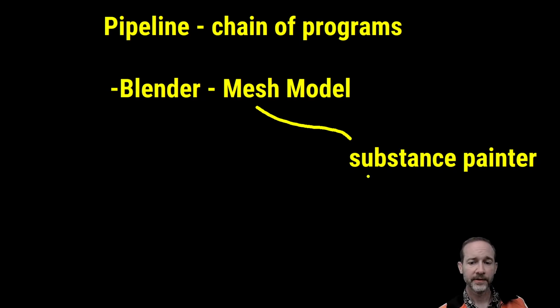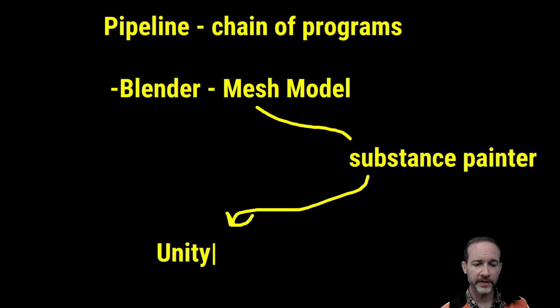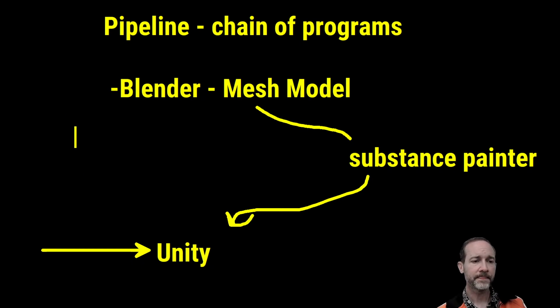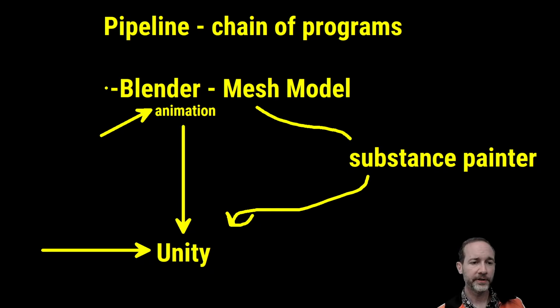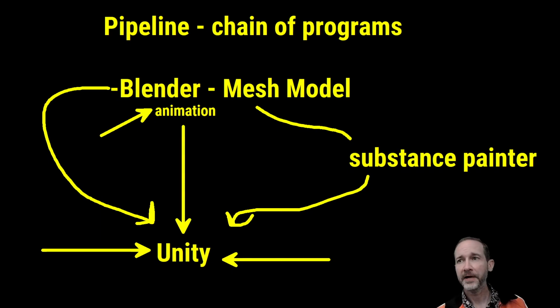And then they would come back over here into Unity so that the interactivity could be programmed. The actual animation and movement of things can happen a couple of different places, and you'll get a feel for that over the course of the semester. There could be things that are animated in Blender and then put into Unity, or there could be things that just come over here to Unity and then the animation happens here.